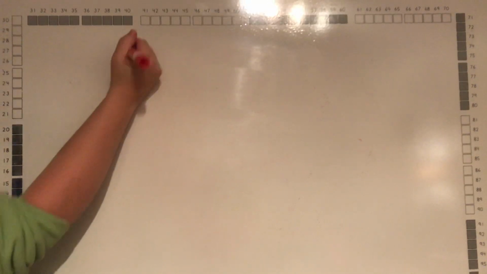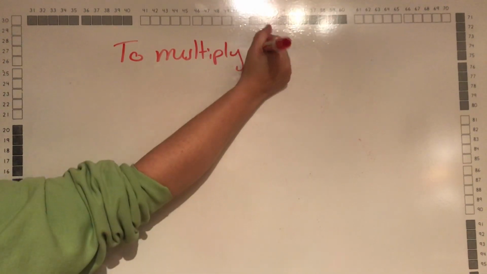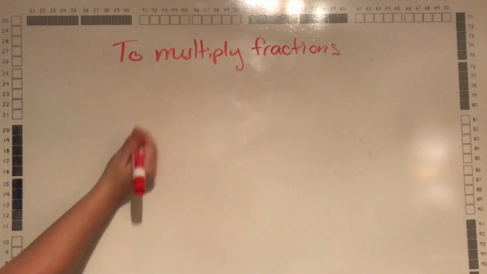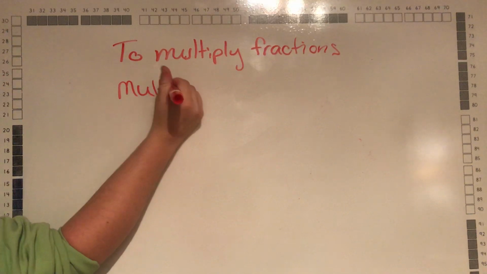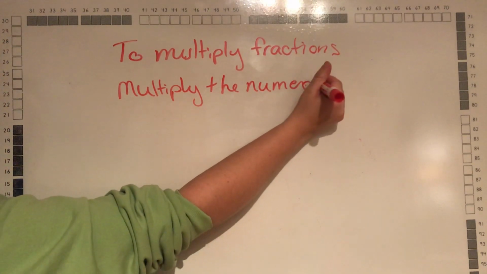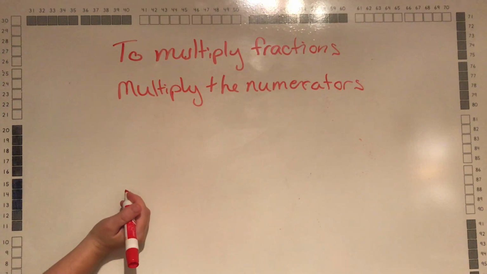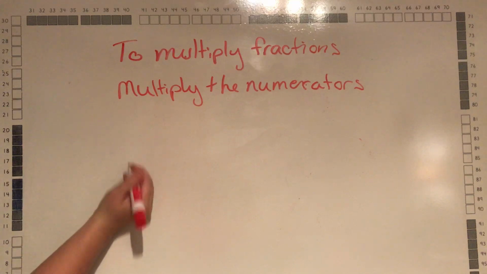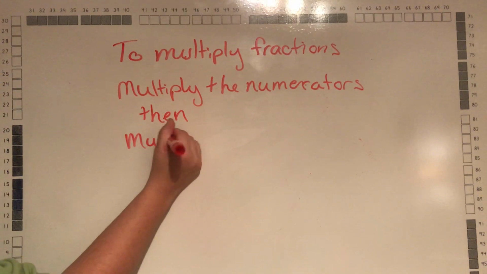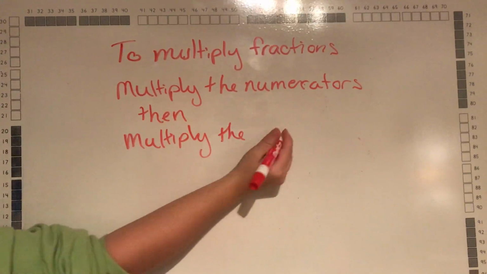To multiply fractions, you multiply the numerators to find the product of the numerator, then multiply the denominators to find the product's denominator.